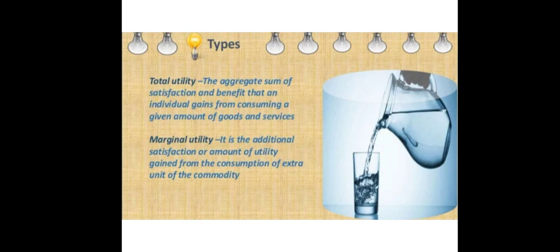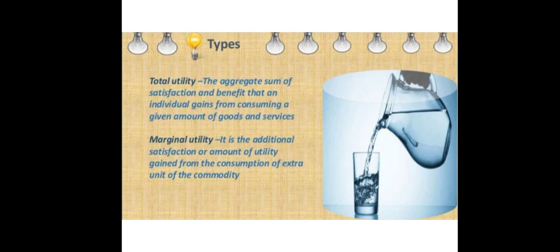My total utility will be the utility derived from consuming good A plus the utility derived from consuming good B. I add both utilities to get the total utility. दोनों goods से मुझे जो भी satisfaction मिली, I will add that satisfaction, and that gives me total utility. If I consume a pizza, a glass of water, and a chapati, the satisfaction derived from all those three goods gives me my total utility.